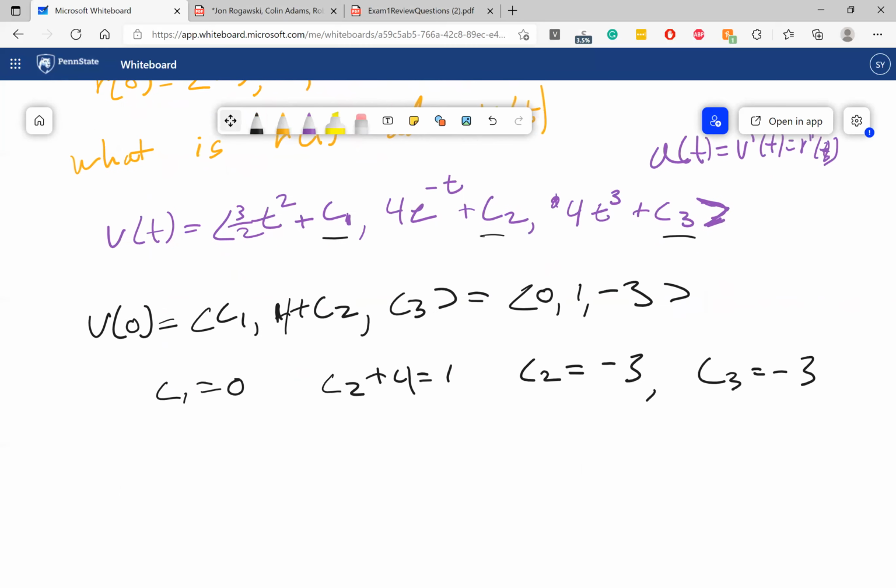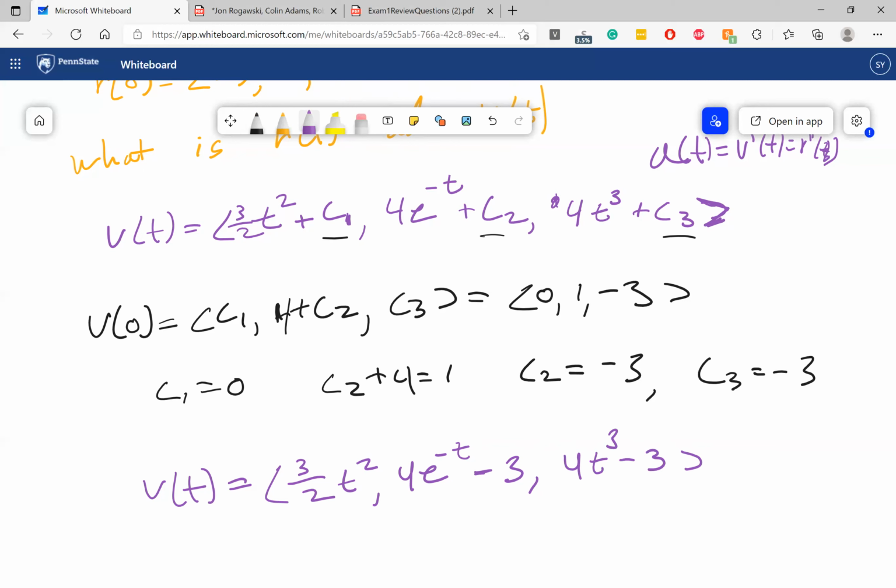So our velocity then becomes v of t is equal to 3 over 2 t squared, 4e to the negative t minus 3, and 4t cubed minus 3.